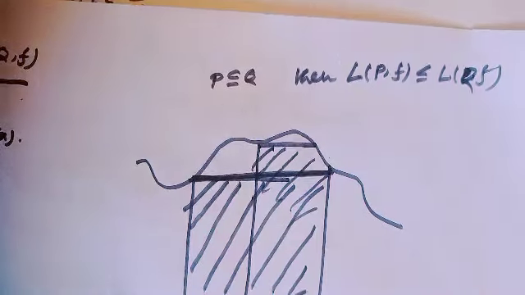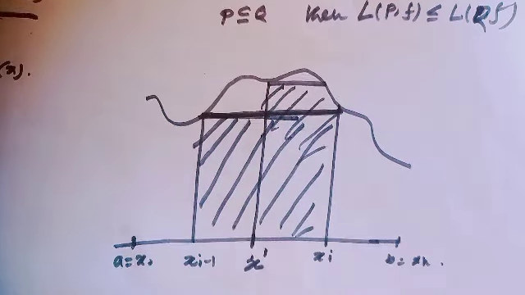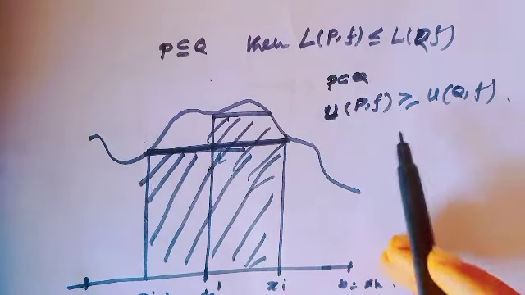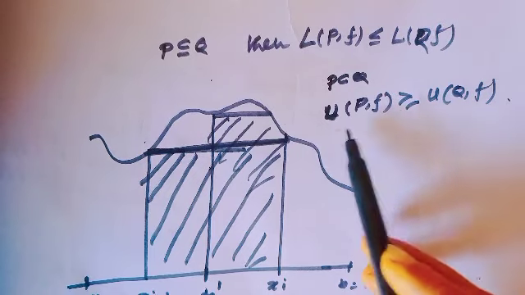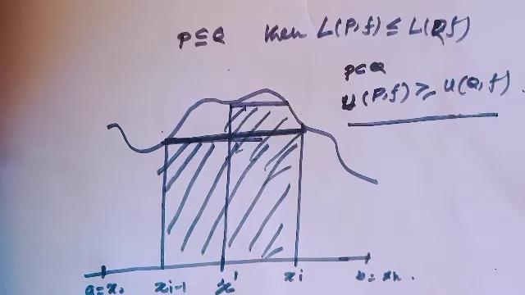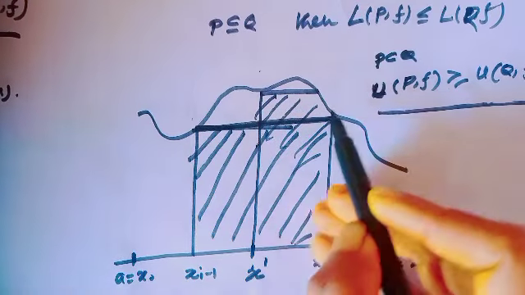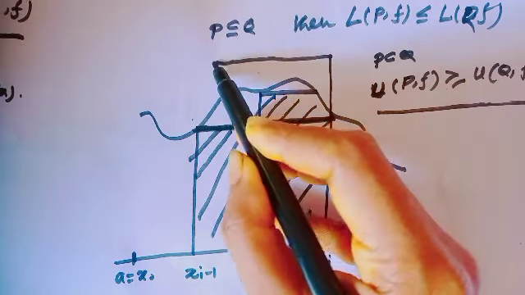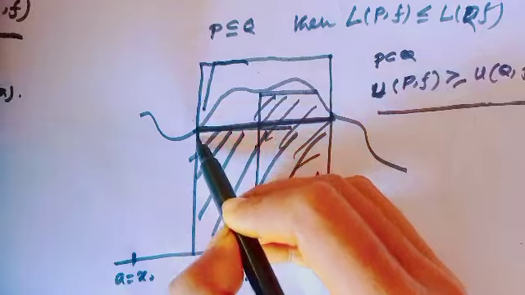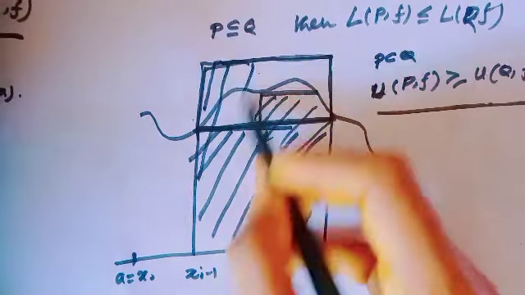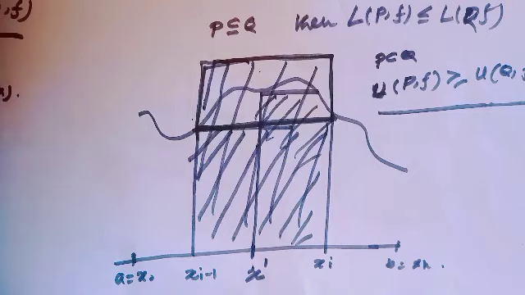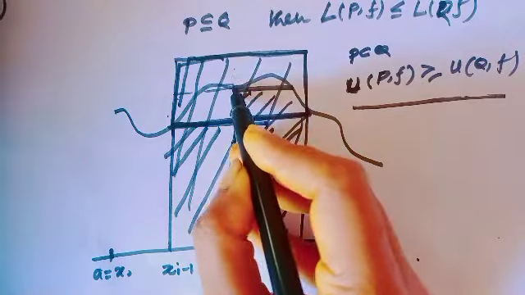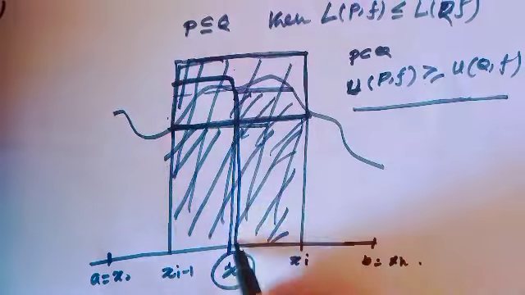And this proof is a very easy type of proof. Try it yourself. When Q refines P, then UPF is always greater than or equal to UQF. Because in this picture, obviously, notice this is the UPF, but when I add this extra point here, then UPF would be this part.